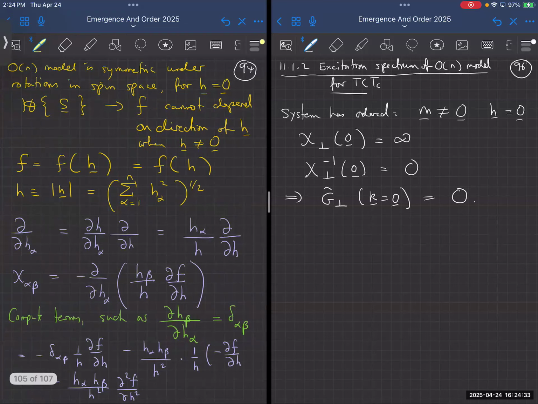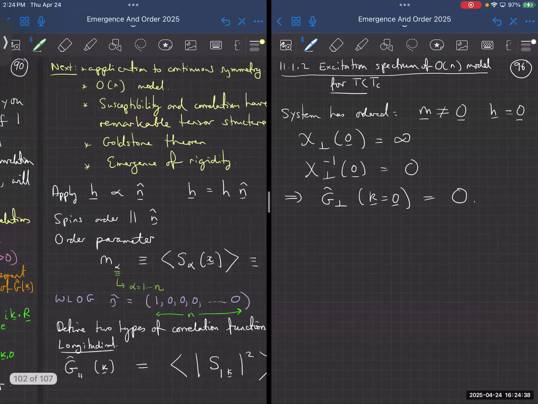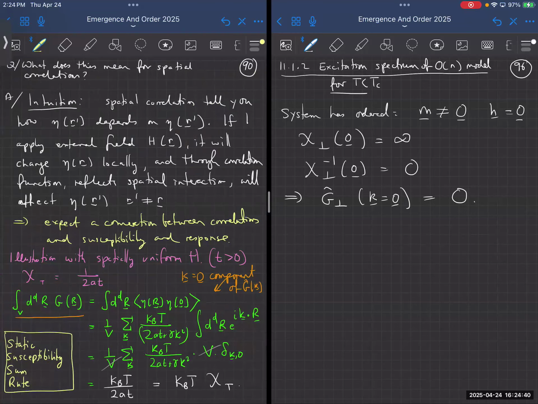So just to remind you, what we did last time was we proved that the integral of the 2-point correlation function, on the left-hand side, I showed you how to do this, is equal to the isothermal susceptibility times a factor of kT.